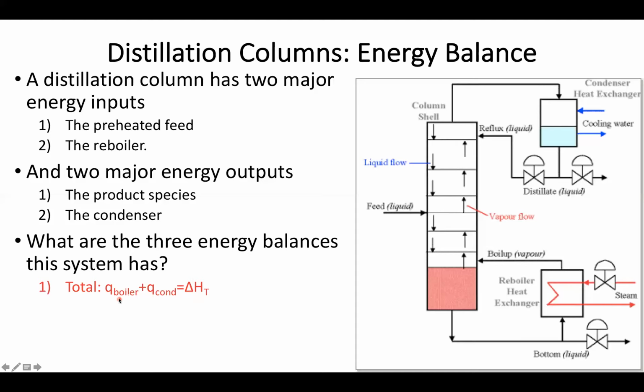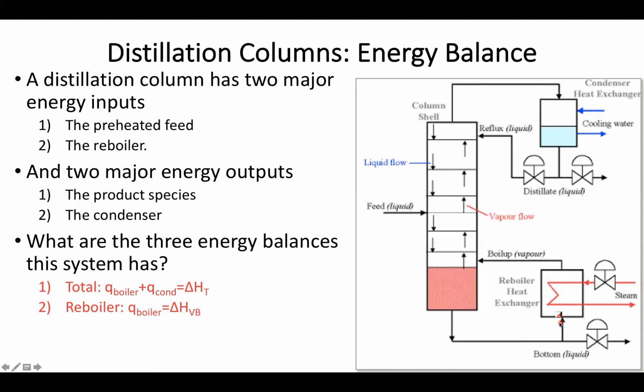And this has to be equal to the sum of how much energy entered via the boiler and left via the condenser. We also have the energy of the boiler itself, which is simply going to be related to the change in enthalpy of vaporizing my bottoms.